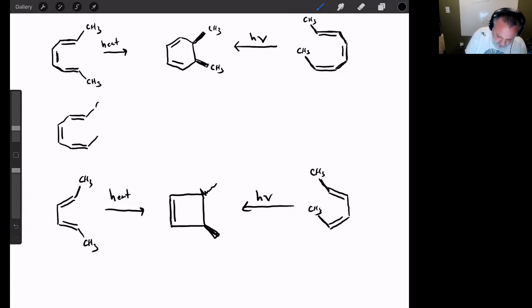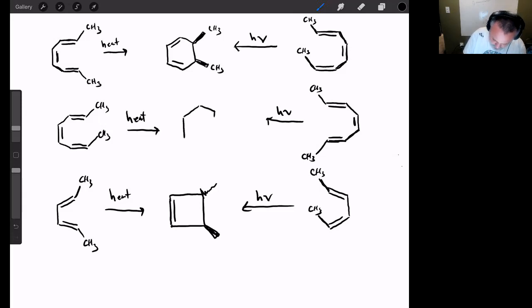But if I reverse the situation, showing the same conjugated system, but now I want to show UV light there and heat there, then I get the trans version.